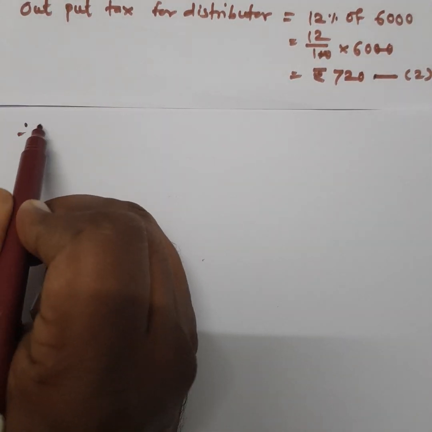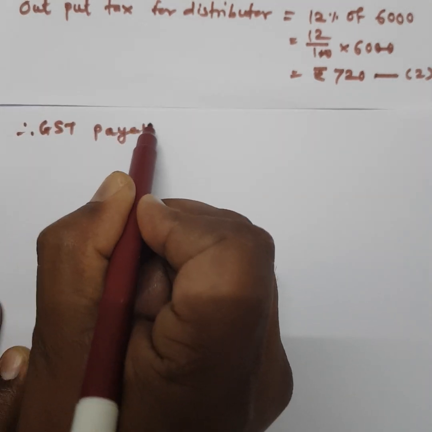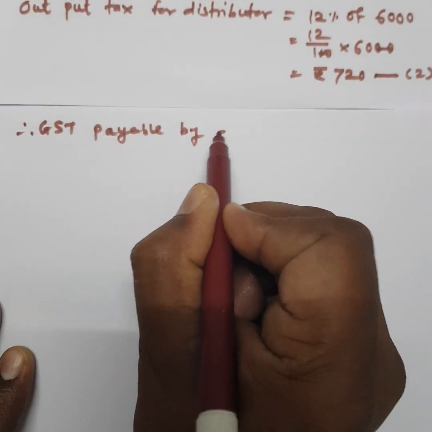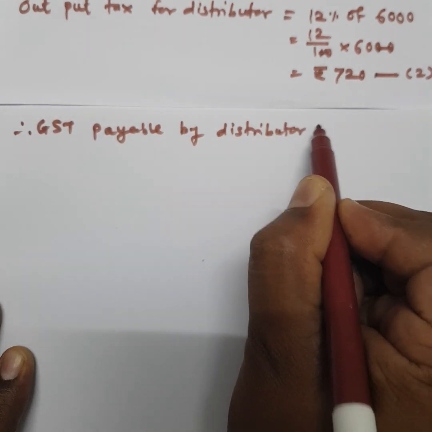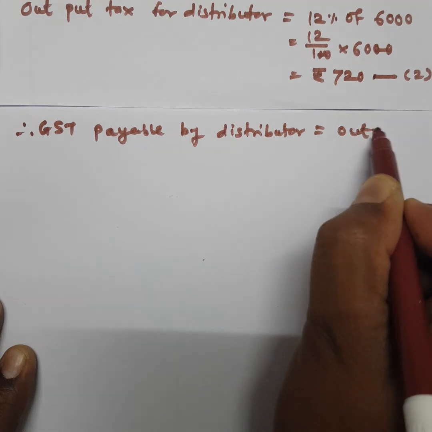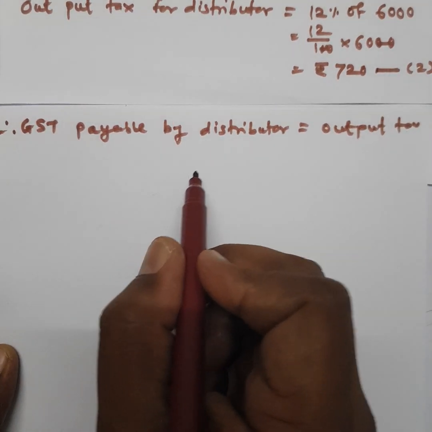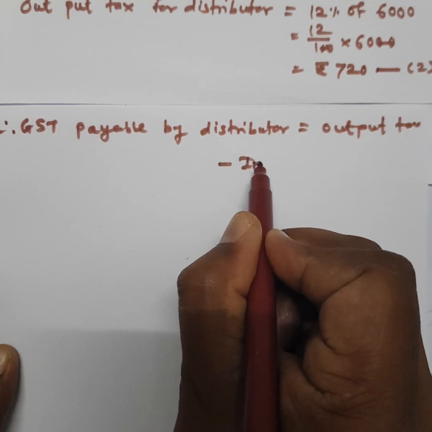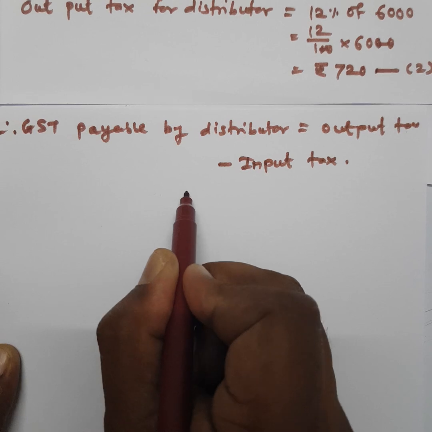Therefore GST payable by distributor is equal to output tax minus input tax.